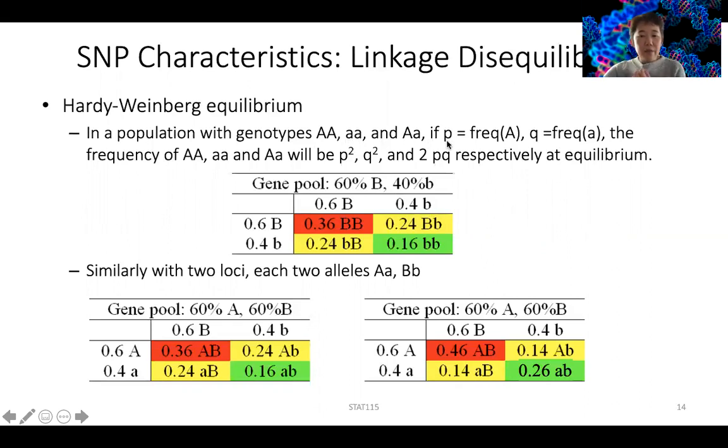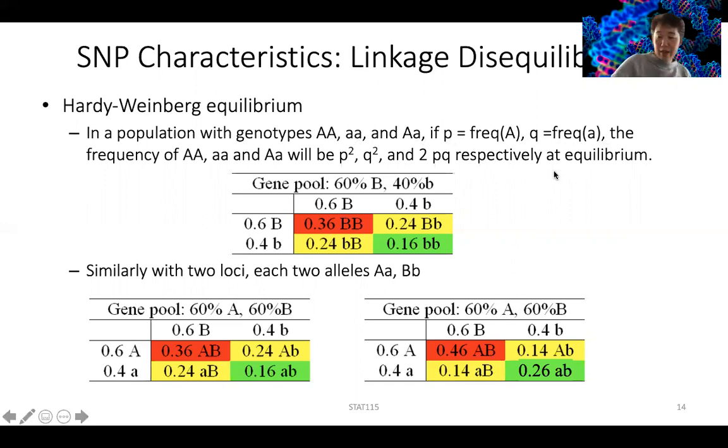But for example, the probability of a big A is p, and the probability of the small a is q. Of course, in this case, p plus q in the genome should add up to 1. But if you look at the overall population, how many people have 2 big A's, 2 small a's, and a big A, small a? They may not be in equilibrium.